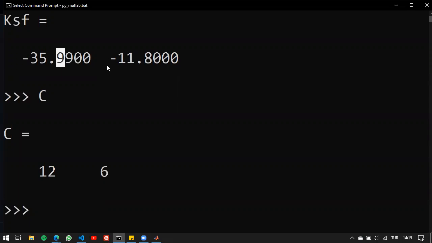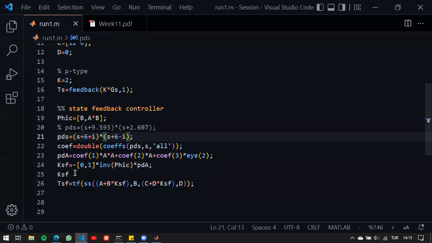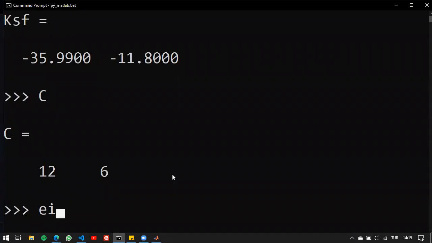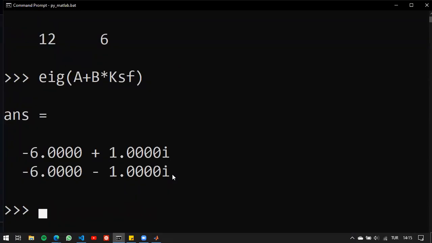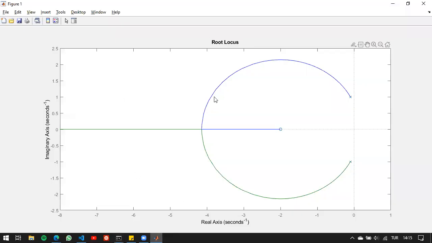So you don't really have to, by the way, use this transfer function, this closed loop transfer function. You can just check the eigenvalue of this. It's basically the same. You don't really have to calculate the transfer function here. So therefore, on this S domain, if I'm using a p-type controller, I have a specific x1 to x2 ratio.